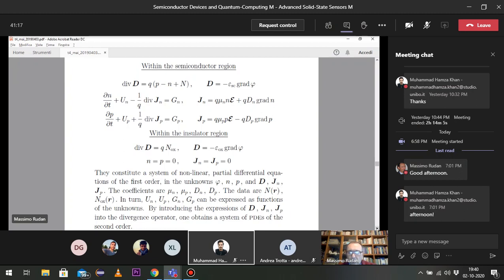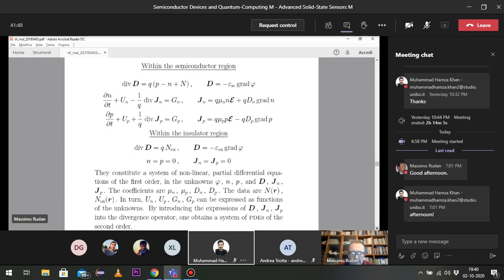So there is the product of 2 unknowns. So this is sufficient for the equations to be non-linear. And of course, there is also p times E in the equation for the holes. And the other non-linearities are hidden in the expressions of UN, UP, and GN, GP. Okay, so these equations are non-linear.